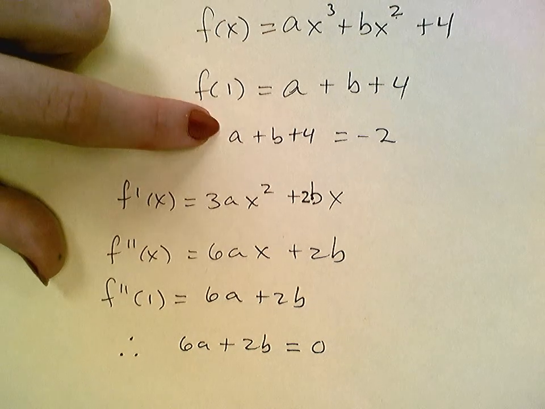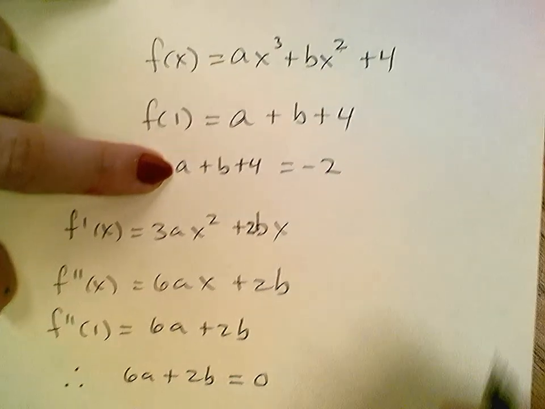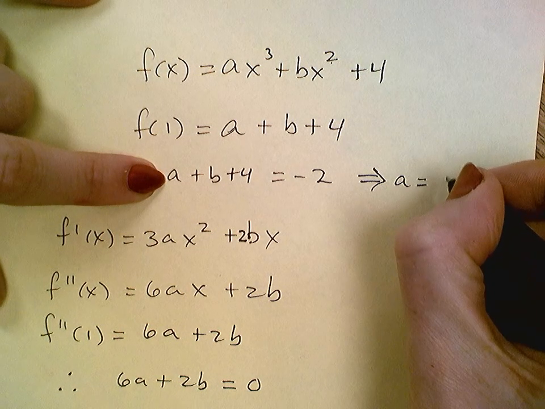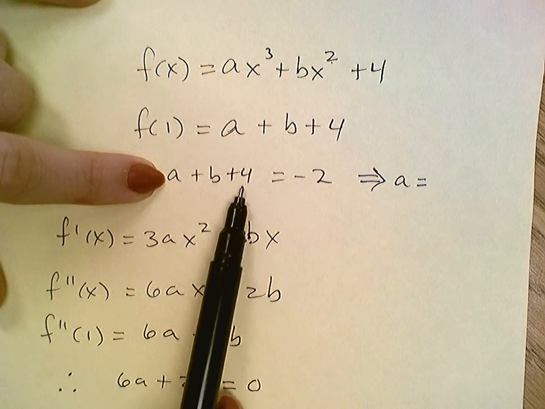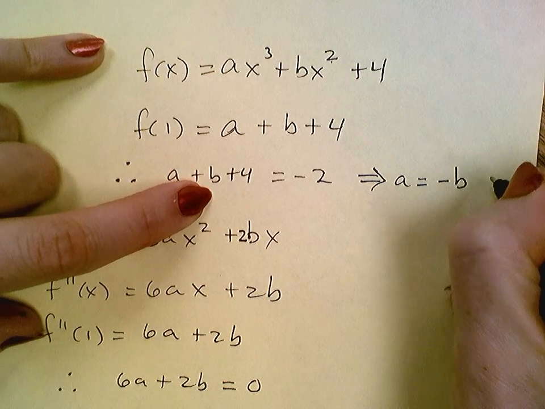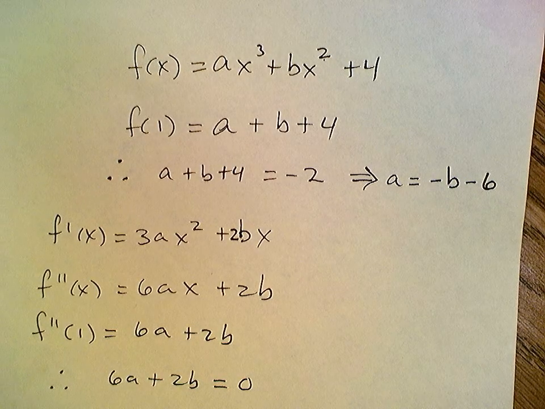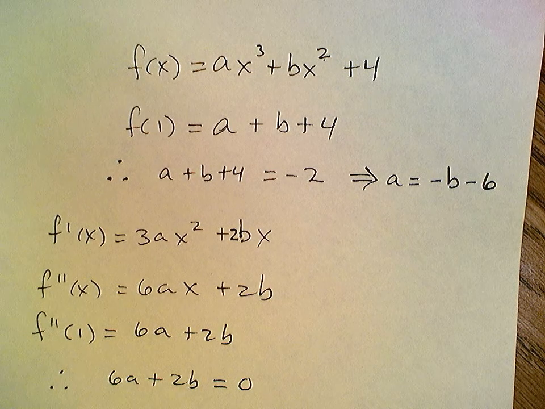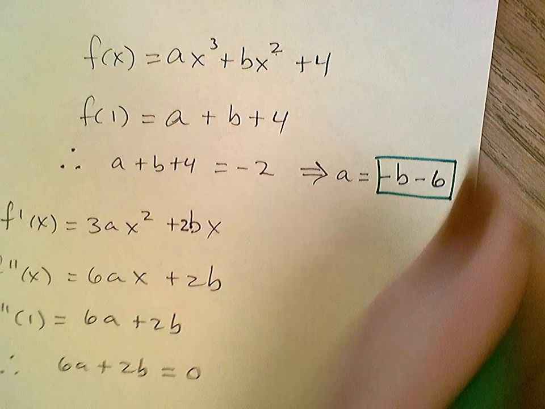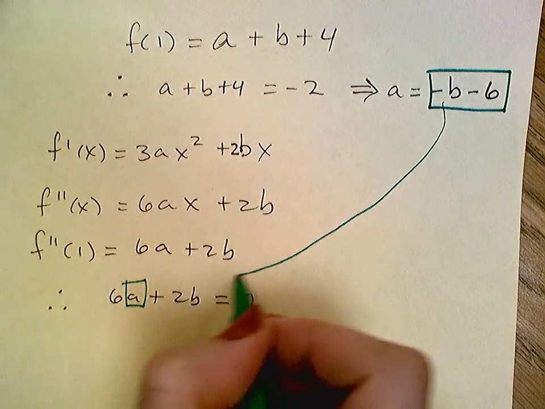So up here, I'll solve for a. So up there, I'll get that a is equal to, if you subtract 4, you get negative 6, so negative b minus 6, right? And then you take this and plug it in for that a down there.